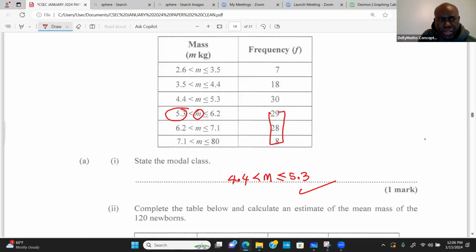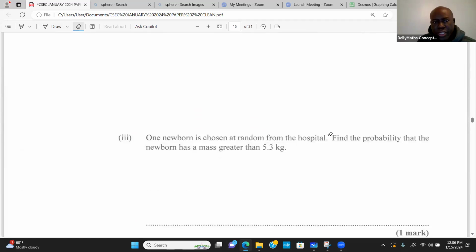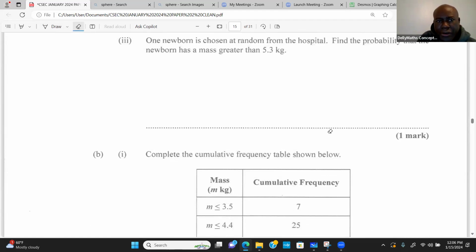So what we want to do is add the 29 plus the 28 plus the 8. That value will give us the number that we need to answer the question, right? It's 65.